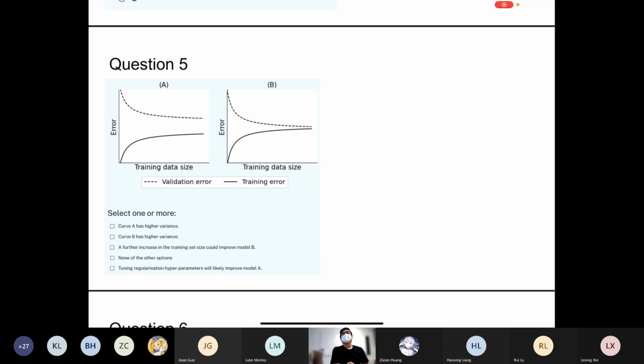So the idea is if you train on a larger data set, so if you increase your current data set that you train a model on, the training error will sort of converge to some value, will converge to the generalization error, right?